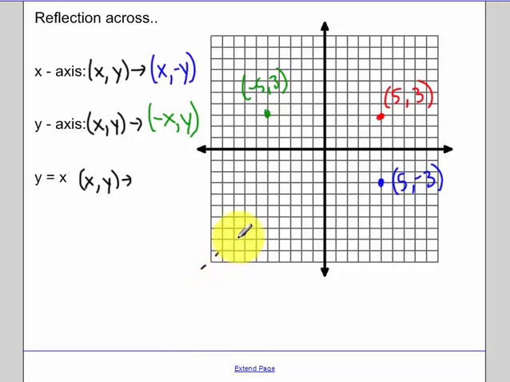Now reflecting across a line y equals x. I'm going to do purple. Okay, so remember, the perpendicular to this line would be basically through the diagonal of that square.